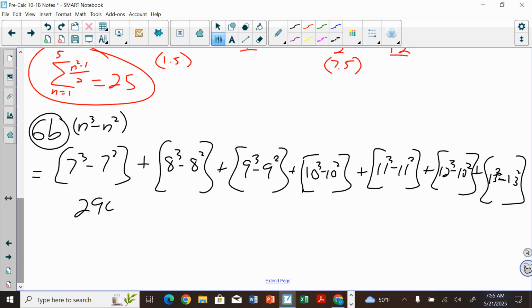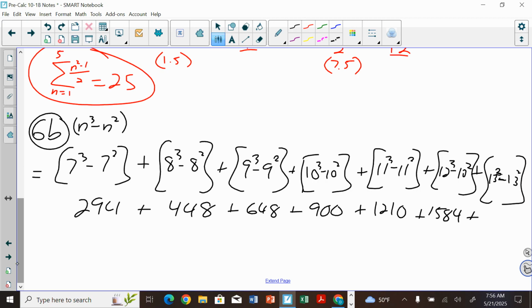You're going to get 294 plus 448 plus 648 plus 900 plus 1210 plus 1584, so it's a really large number, plus 2028 here, cubing it and then subtracting the square.